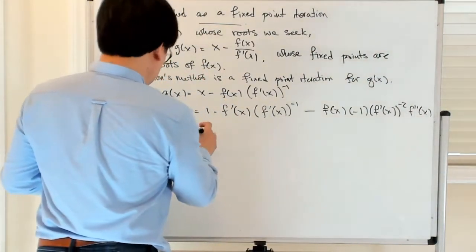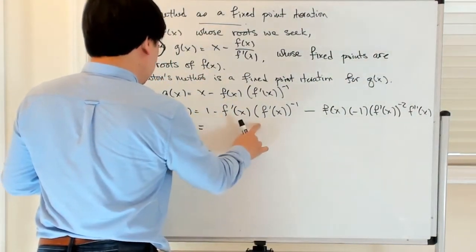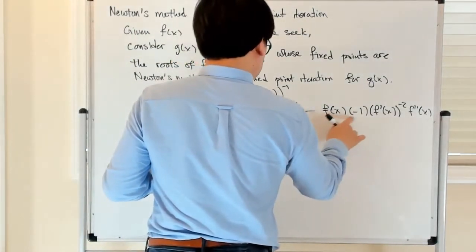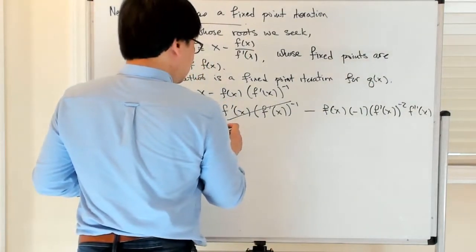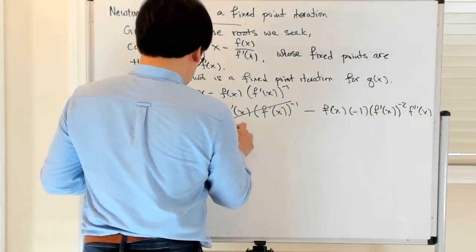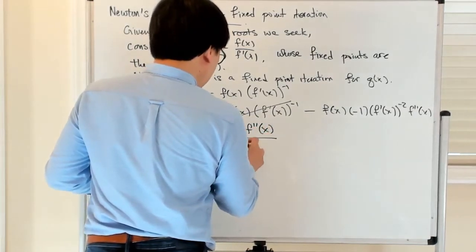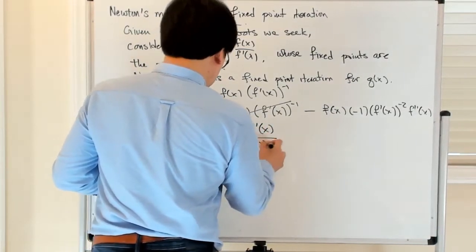So this cancels this, and you're just left with f of x, f double prime of x divided by f prime of x squared.